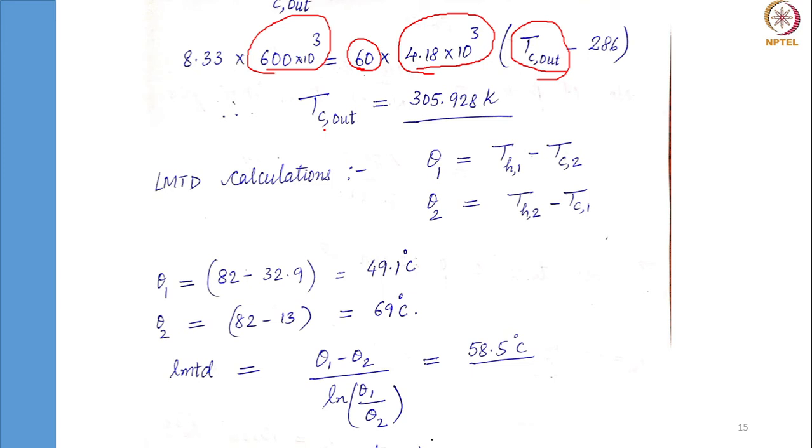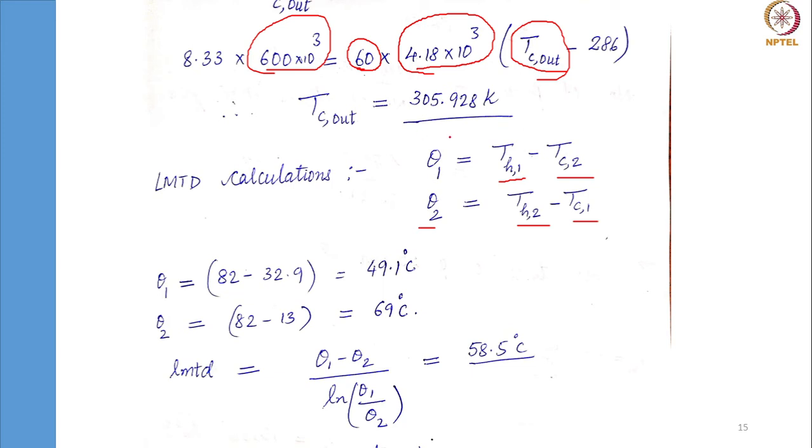Okay, after we find the exit temperature of water, we are interested in finding the LMTD. So theta 1 becomes Th in minus Tc out, and theta 2 becomes Th out minus Tc in.